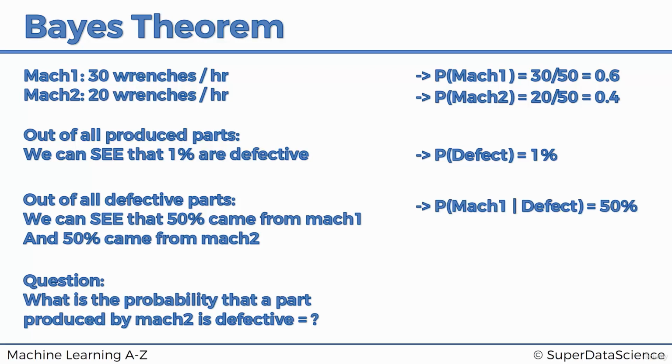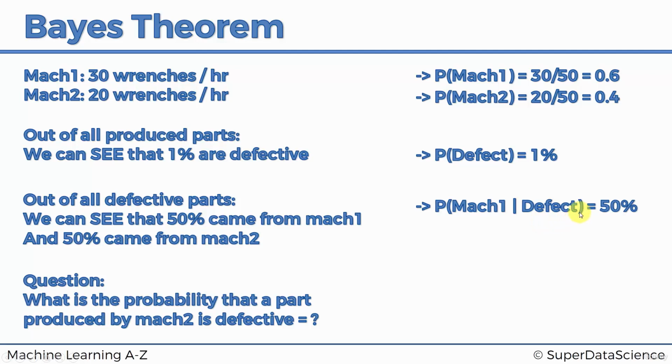P of machine 1 vertical line defect equals 50%. The vertical line in mathematical terms means "given". Here, P of machine 1 means the likelihood or probability of a part coming from machine 1. Here it's the same thing, but given some condition. So this is the likelihood of a part coming from machine 1 given the condition that that part is defective.